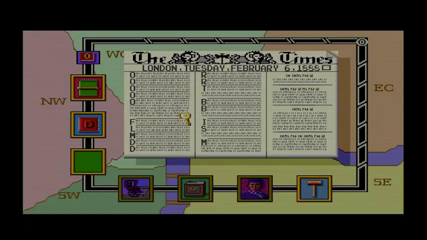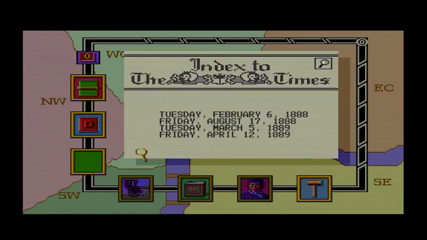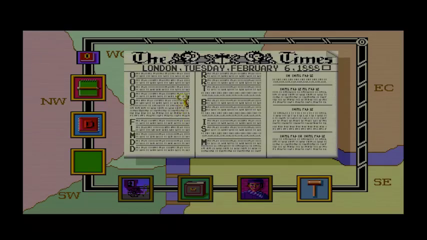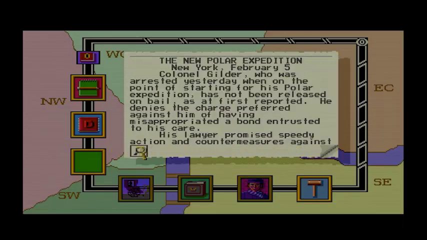Little Egypt makes a hit, perhaps? No, that's the London necropolis. The cholera. Polar expedition.